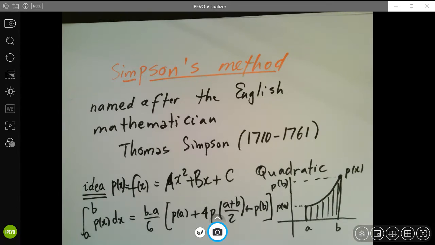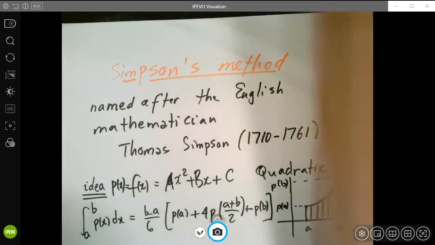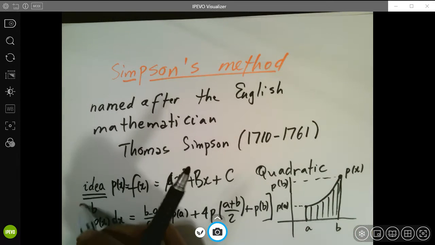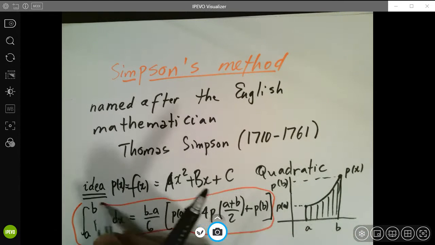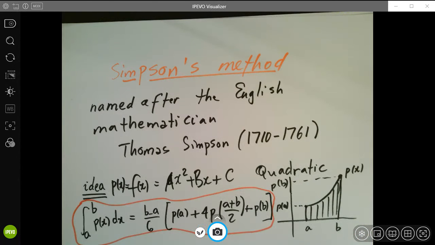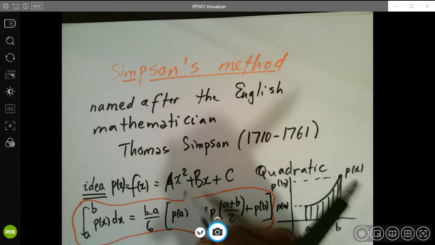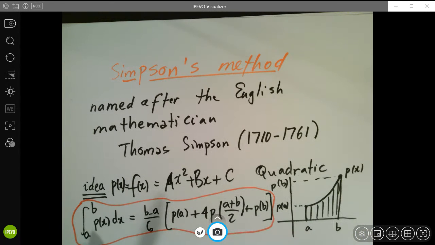It's a very nice formula. Actually, you can check it as homework if you want. That's true for polynomials. If you take any degree 2, let's say x squared, you just take a squared, b squared, and 4 times a plus b over 2 squared.